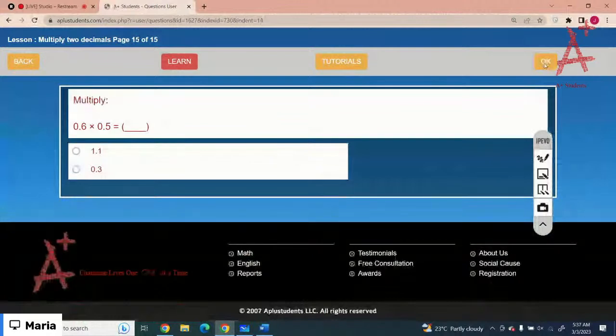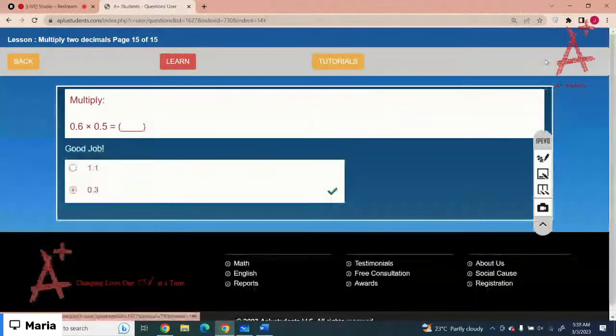So which is the correct option? Yes, that is 0.3. Got it? Okay, we are done with the lesson.